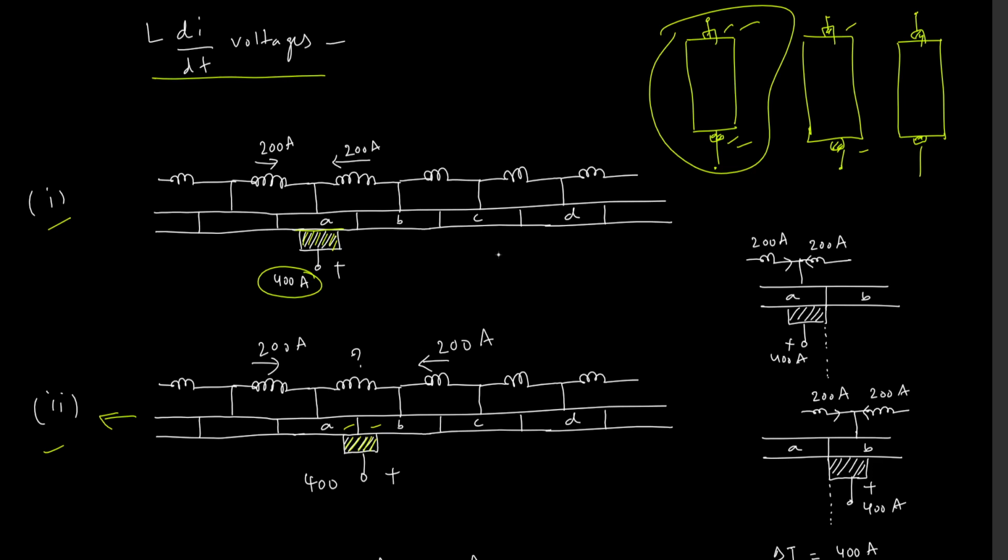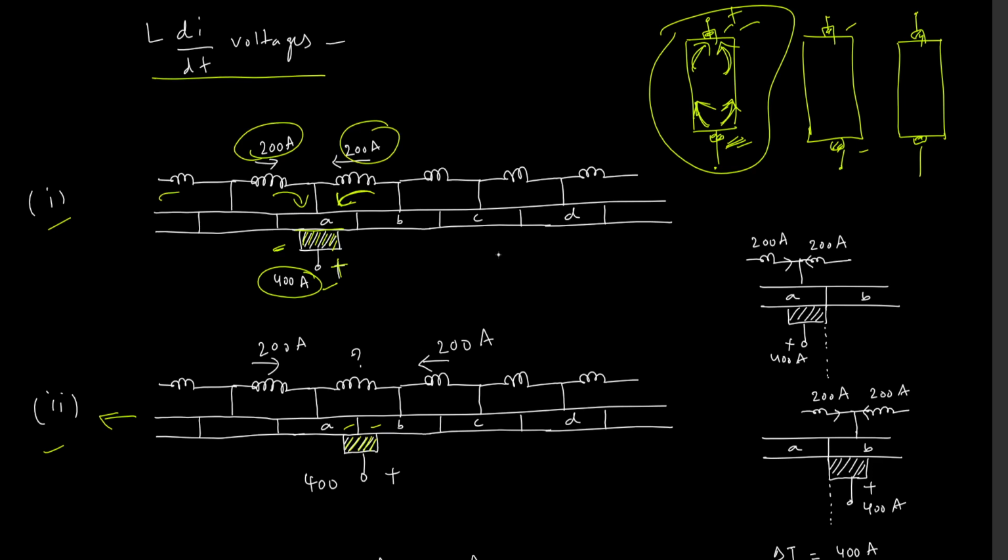Now under each brush, 2 currents will be coming or leaving like this. If it is plus, it is collecting from 2 sides. If it is minus, it is giving to 2 sides. Here, because I have indicated positive, it is collecting 400 amps from this side and this side. That is 200 amps coming from this end and 200 amps coming from this end.